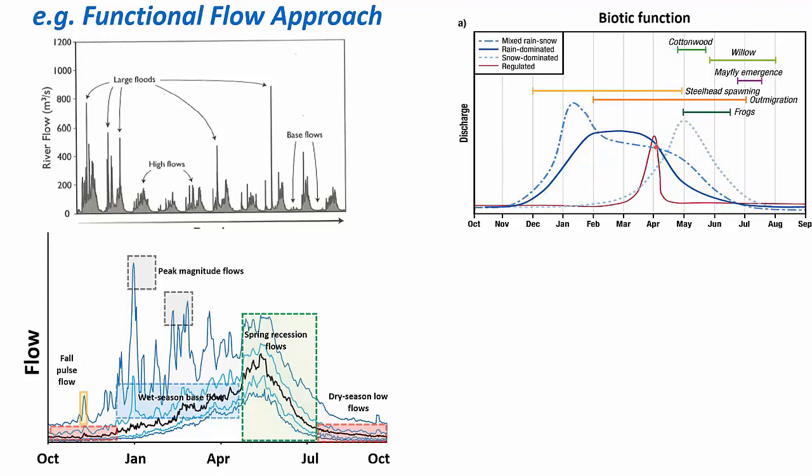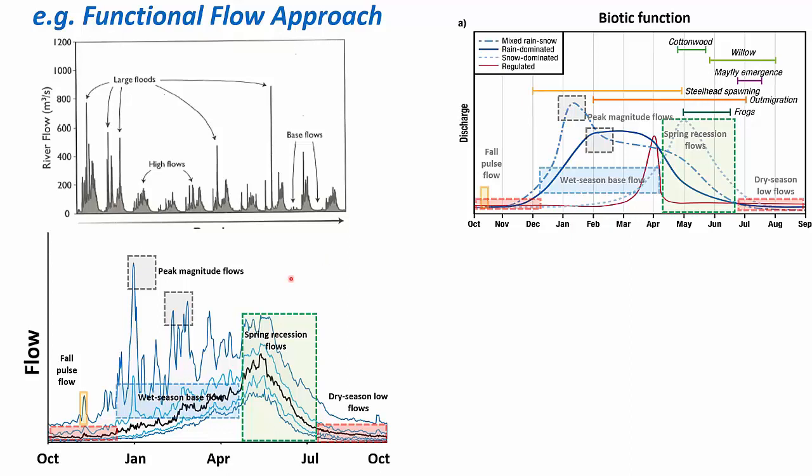So you can actually overlay these functional flow components through all these different parts of the season that are important for frogs, for steelhead spawning. Something also that I want to mention is that these can be associated to life stages. So we as human beings have different life stages.